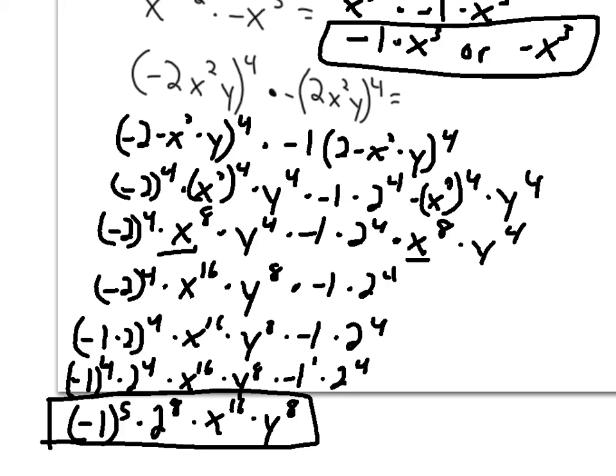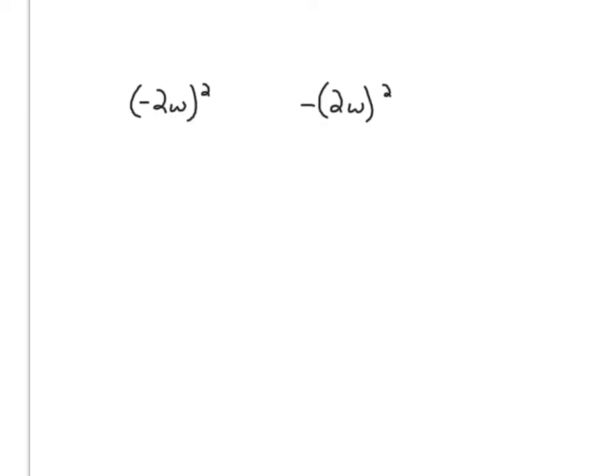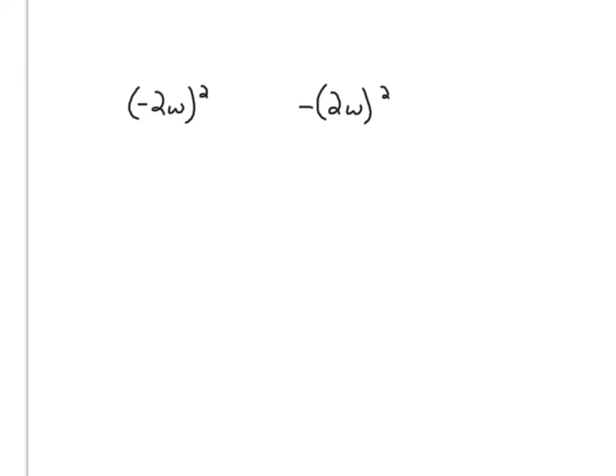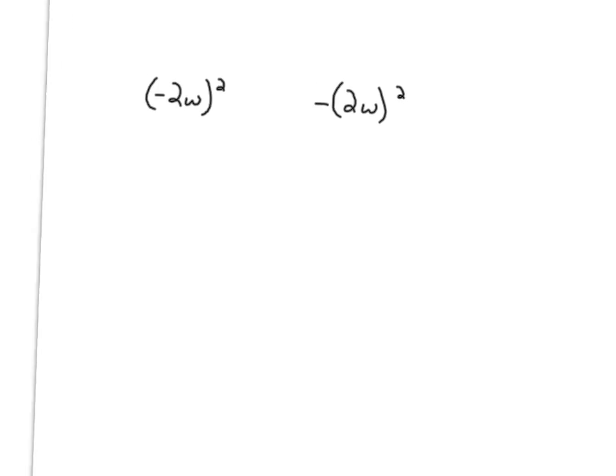Okay, and let's go on to one last slide. I want to go ahead and look back at this here and see again how these things can be different. Okay, so negative 2w squared. In this instance, what we're going to do with this is take the two things we're multiplying in here and raise them each to this power. So this is negative 2 squared w squared.